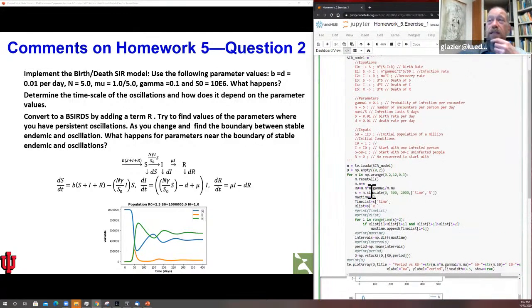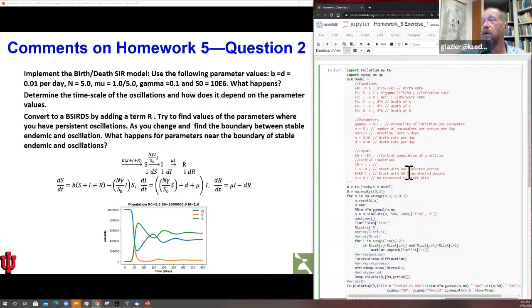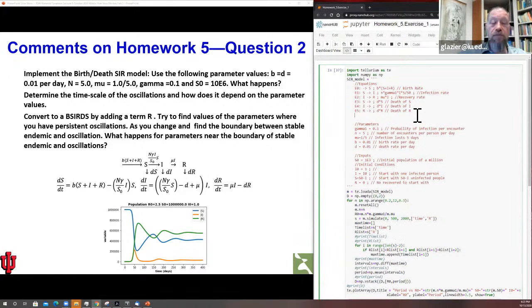And let's do one last thing. The second one was to make it something where the resistant go back to being susceptible after some amount of time. And I may have outsmarted myself on this one. There should be a range of parameters where the oscillations persist, where they don't die out.